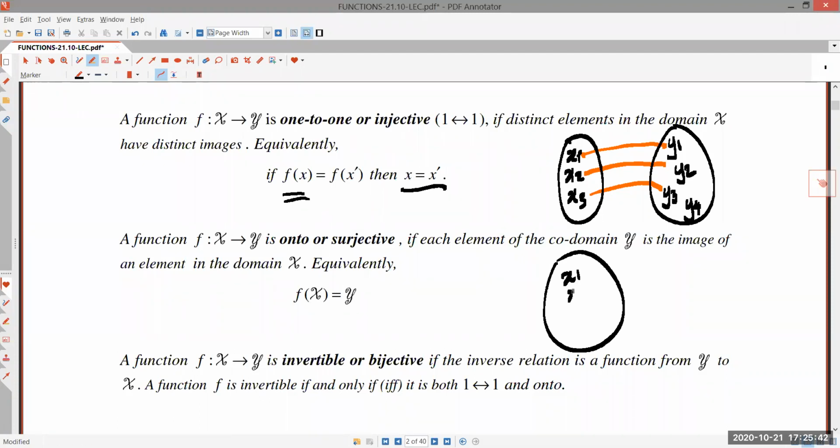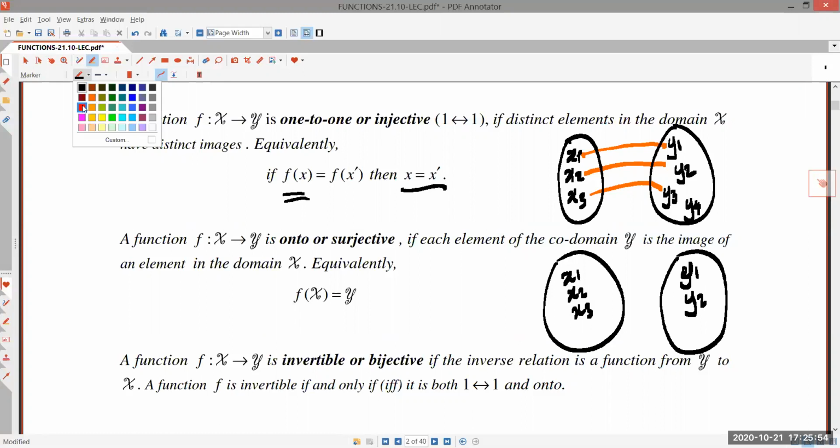Here there is x1, x2, x3, and here I have, let's say, y1, y2. Let me make the assignment. Is this onto or surjective?